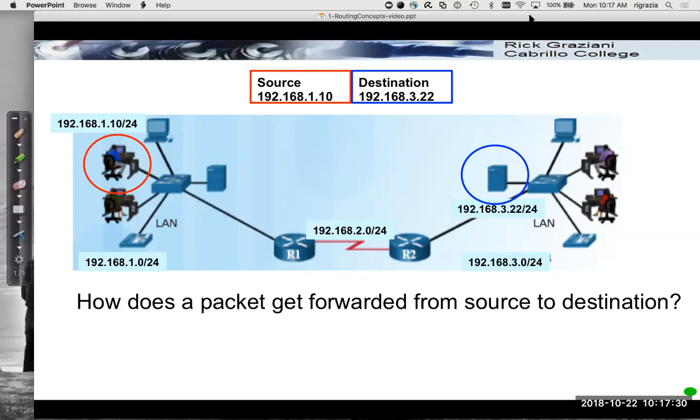Initially the host is going to encapsulate this, in our example, inside an Ethernet frame, and forward it on to its default gateway, router R1, with R1's destination MAC address on its Ethernet NIC card on the same network as our source device.